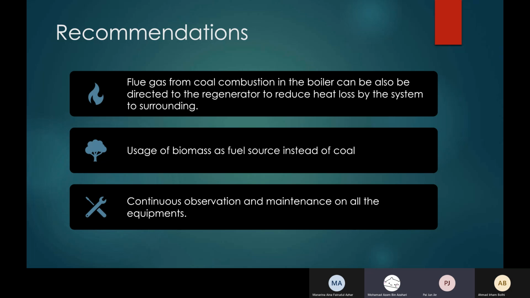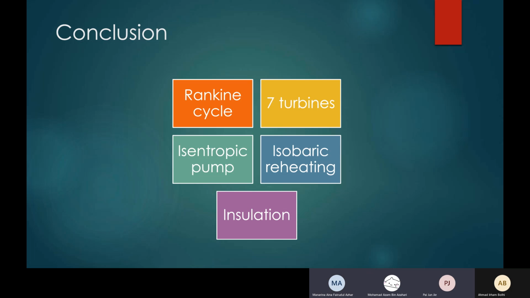Biomass is a renewable form of energy, while coal is non-renewable. Biomass also introduces less pollutants into the atmosphere during combustion compared to coal. The third recommendation is to continuously observe and properly maintain all of the engineering equipment involved to reduce energy loss due to things such as leakage and fouling. For the next part, I will pass it to Manarina.